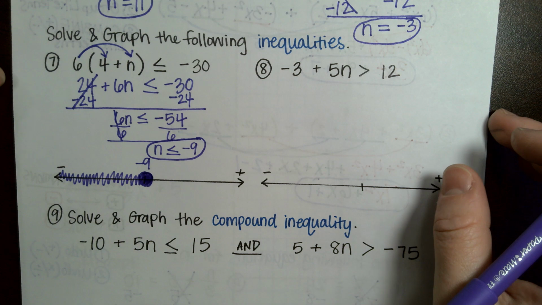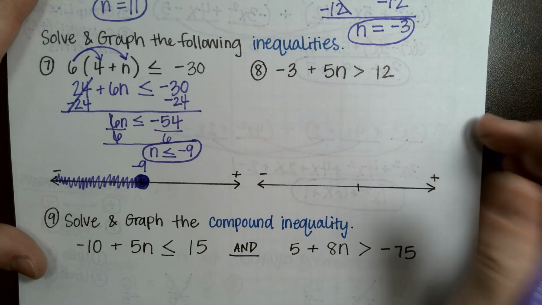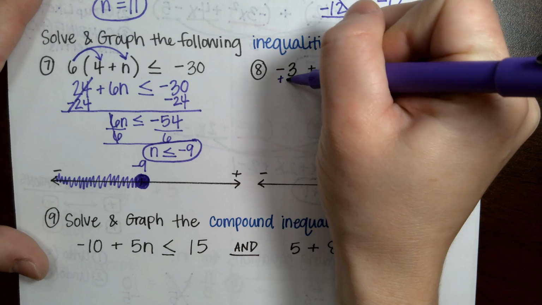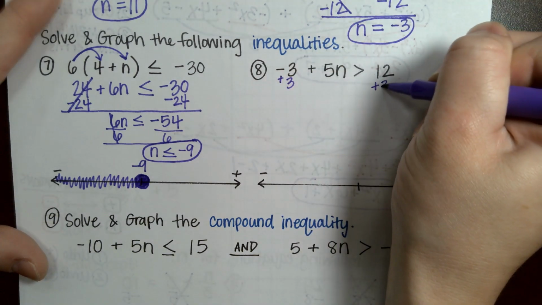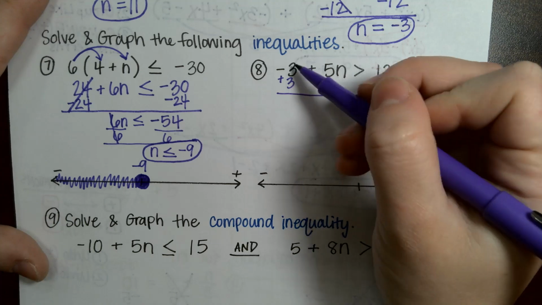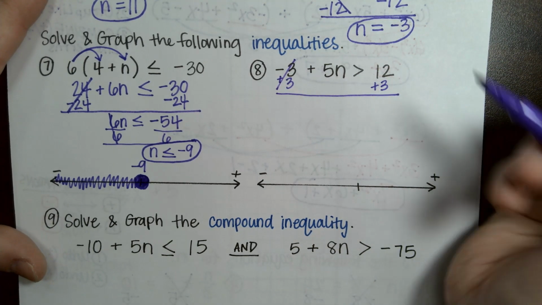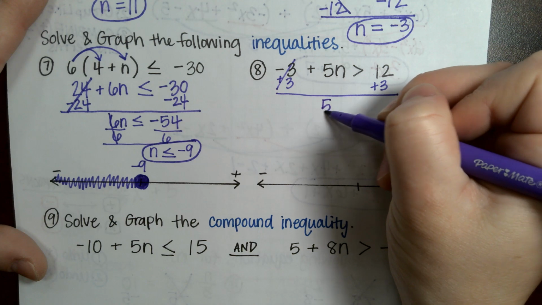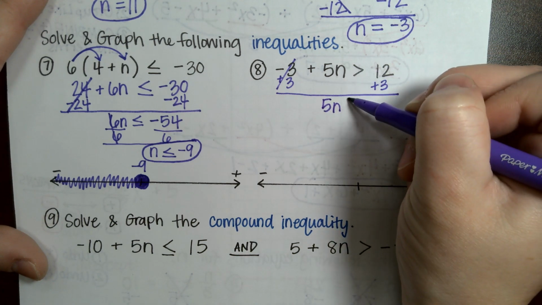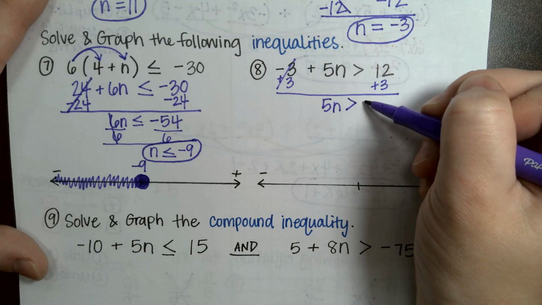Okay, you guys ready for number 8? Okay, what's our first step? Plus 3. Good. On both sides. Okay. Negative 3 plus 3, those cancel. Bring down 5n. Greater than 15.